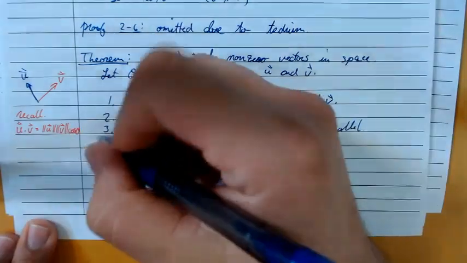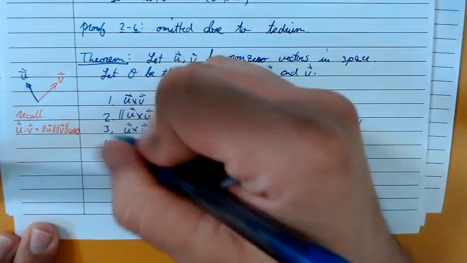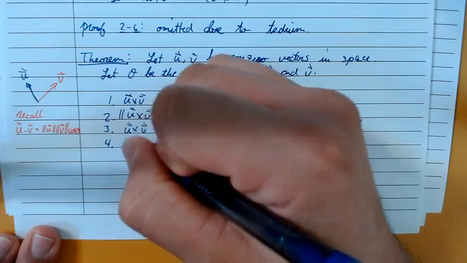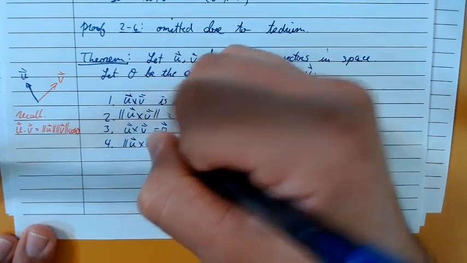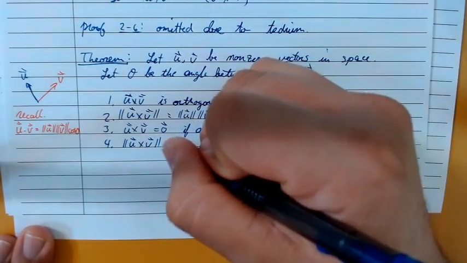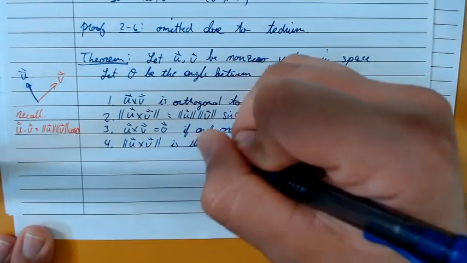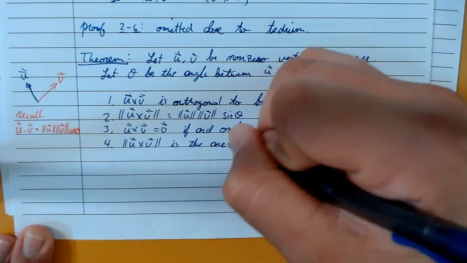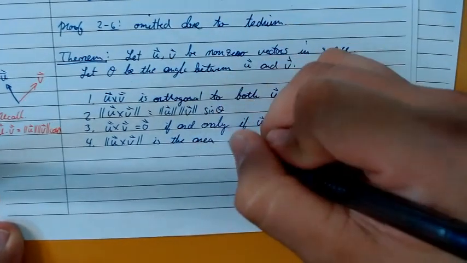And the last one is very geometric in nature. Let's say you take the cross product of u with v, and you take the magnitude. This is equal to the area of a parallelogram.